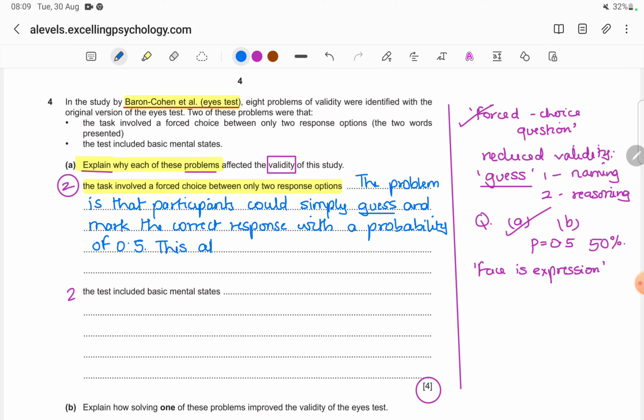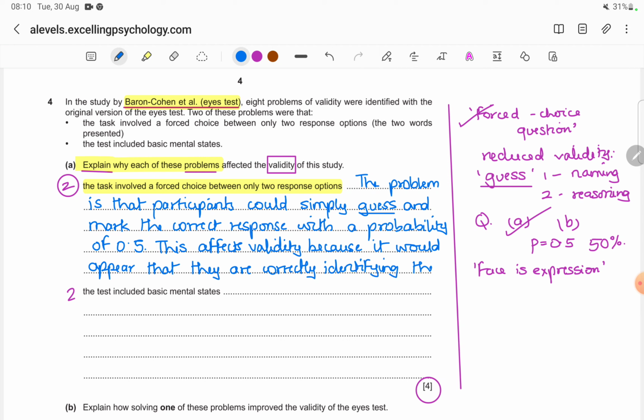This affects validity because it would appear that they are correctly identifying the emotion expressed by the eyes when they are actually just guessing.